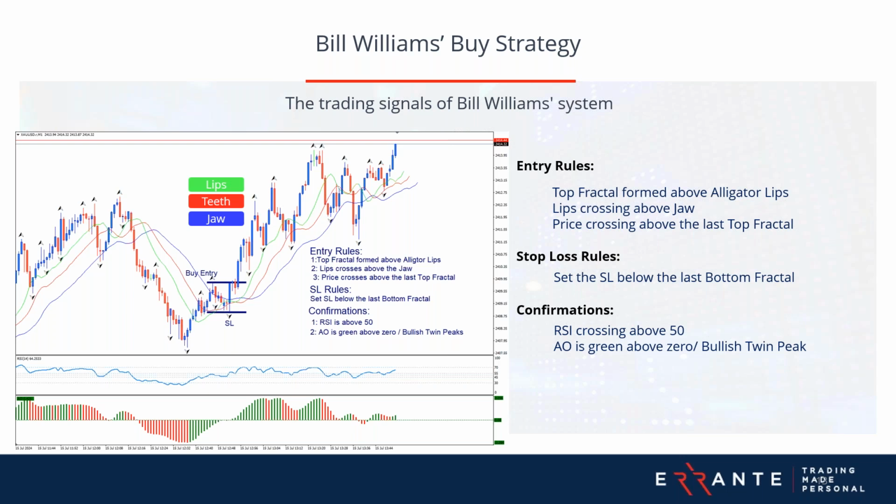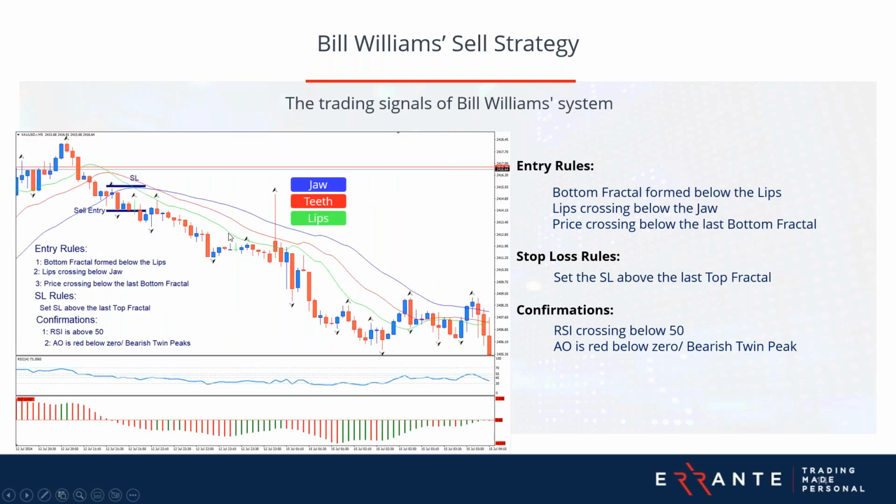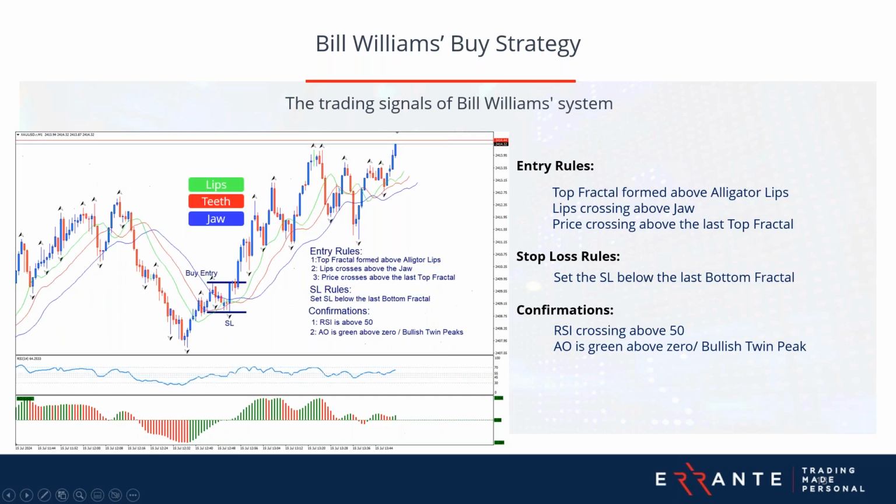So we have the downtrend here. We have this downtrend and we see the bottom fractals are getting higher, and the price is getting into the mouth of the alligator.